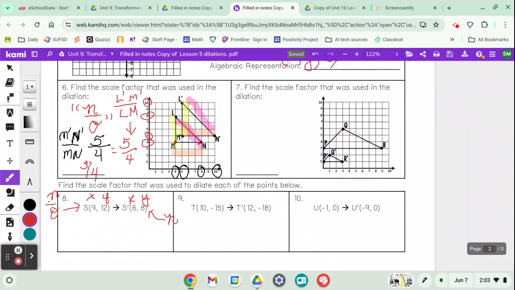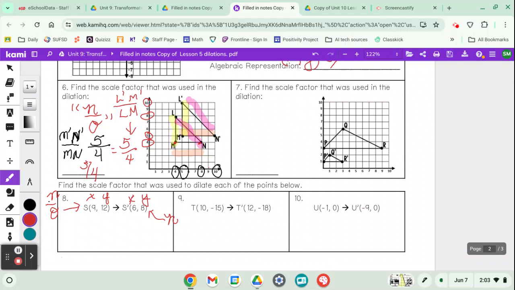And then we found how long the side was from L to M and used the corresponding sides. However, we just have points right now. We don't have two ordered pairs to be able to compare the new over the old as a subtraction problem. So this is not slope.